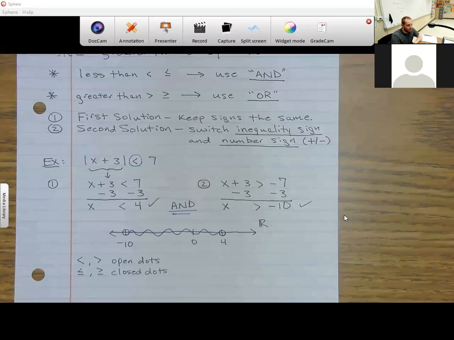So inequalities, they're always going to have 2 solutions. You keep the signs the same, and then for the second solution, you switch all the signs. So that's pretty much all you need to remember. Okay. Let me get my next example ready.